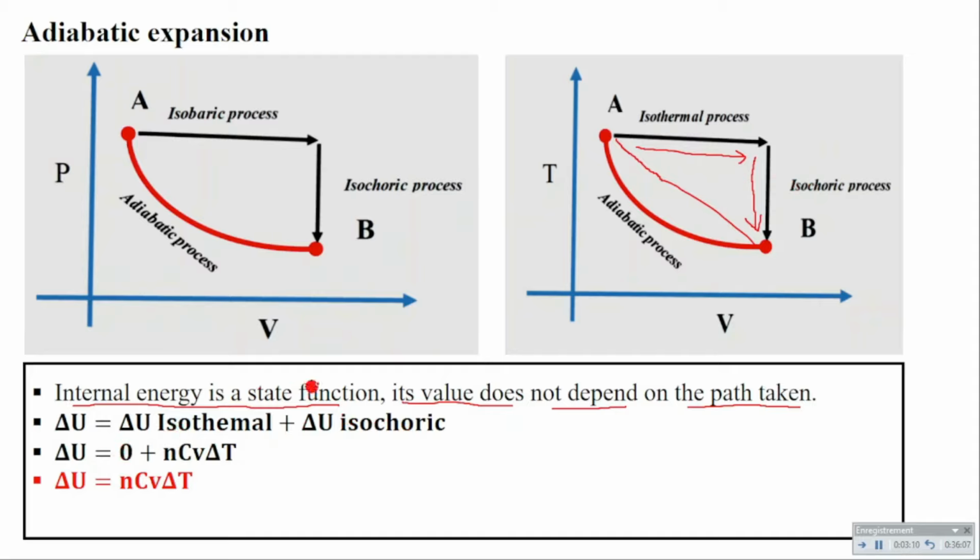The internal energy from isothermal here is equal to 0, plus the isochoric process, which is equal to nCvdT. And from here you can show that the internal energy for adiabatic expansion is also equal to nCvdT, because we were asked to show that for the adiabatic process internal energy is equal to nCvdT.